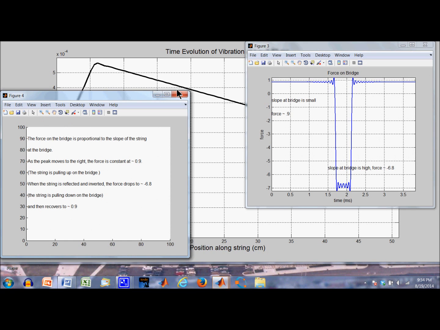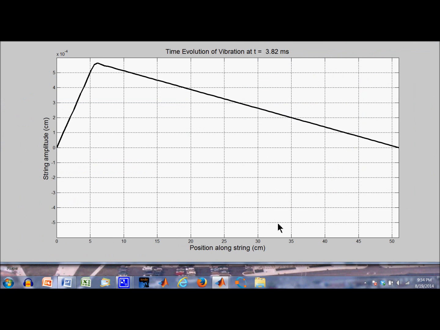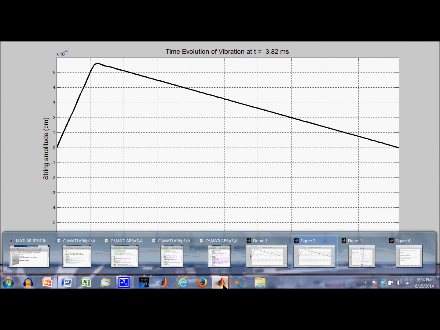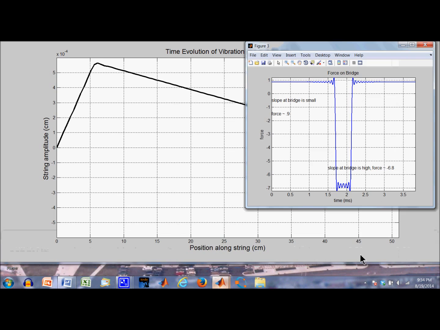Okay, let's take a look at the force at the right-hand side of the string, which would be where the bridge is located. And you can see here's a plot of the force for this one cycle, which takes 3.82 milliseconds, which is the period of the 261.6 hertz signal.